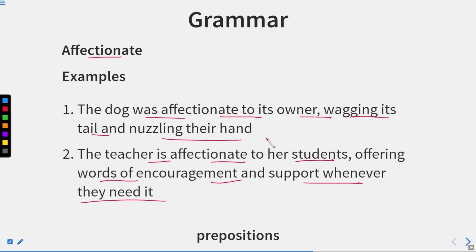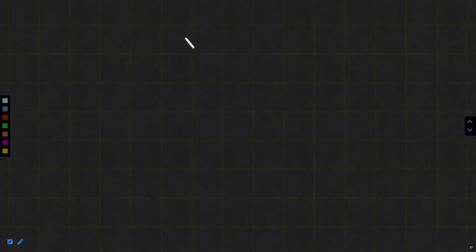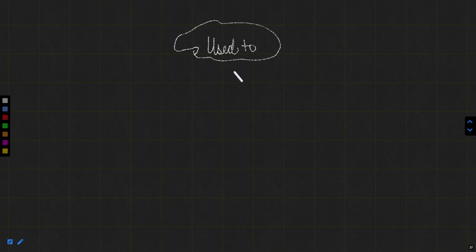Now let us move to the next one. We have a word used to. Now this one is very important. Whenever we use used to, it is used in two different manners. How? Let us discuss. Now this is a particular phrase. We can use it in two different manners.